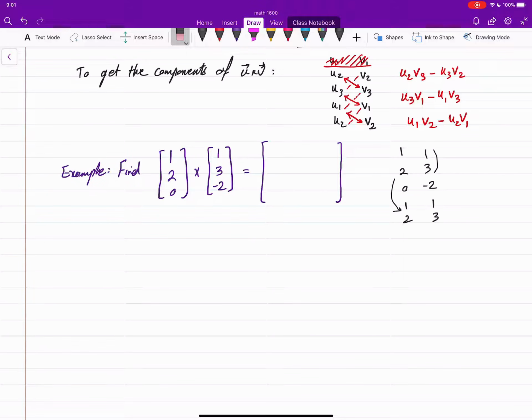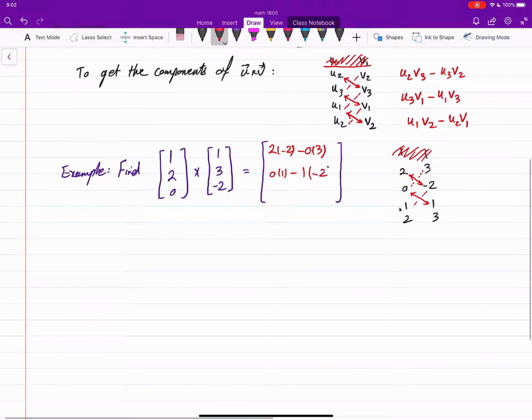Now, for the first one, ignore the first row. Then you multiply these two: 2 times negative 2 minus 0 times 3. For the second one, 0 times 1 minus 1 times negative 2.